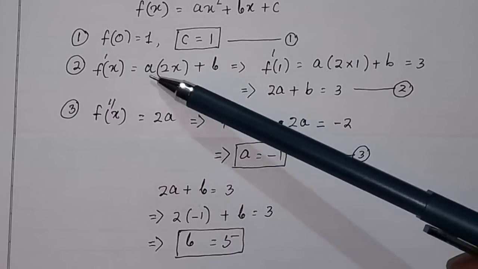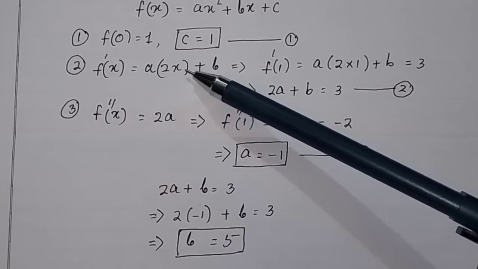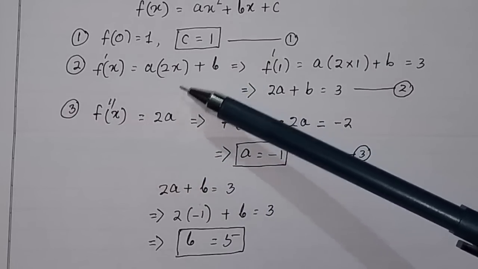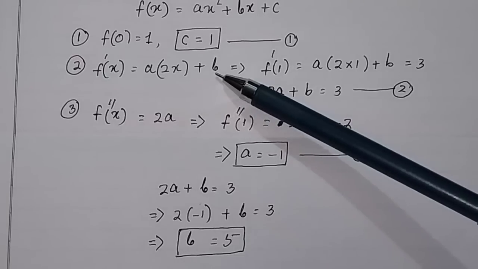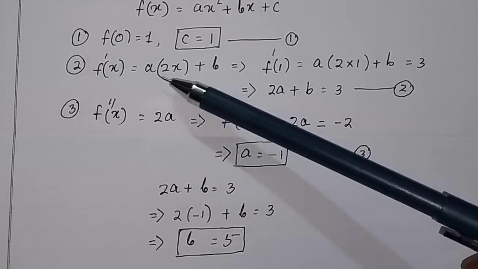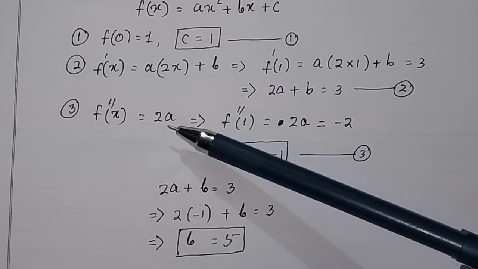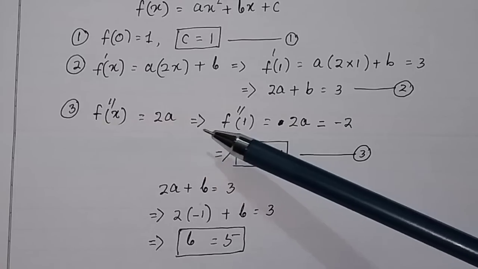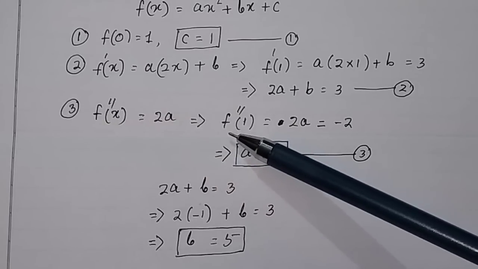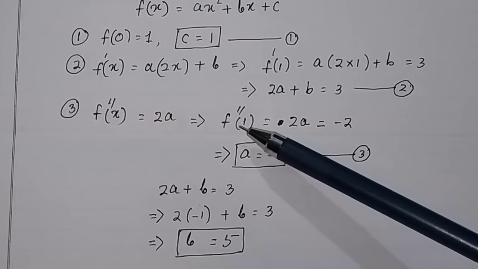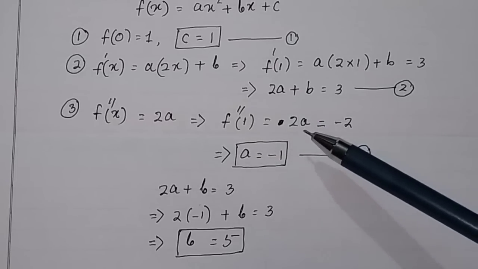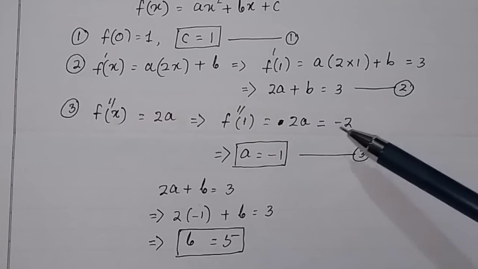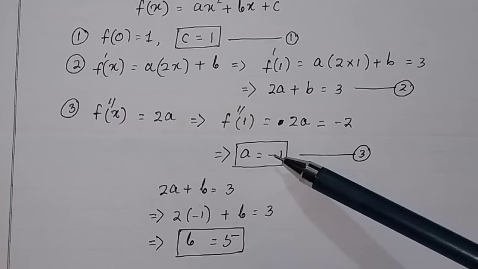That is 2a, since 2a is a constant and the derivative of x with respect to x is 1, and the derivative of b is 0. So the second derivative of this function will be equal to 2a, and it is given that the second derivative at x equal to 1 is equal to minus 2. That means f''(1) = -2. So 2a is equal to minus 2, so a will be equal to minus 1.